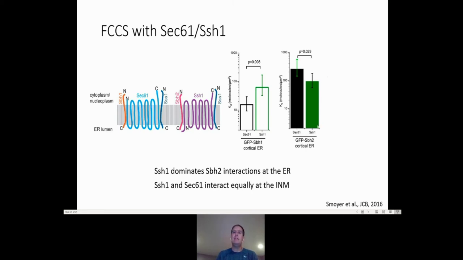Conversely, SSH1 has a low KD, or a high affinity, for SBH2, as expected. When we go to the internuclear membrane, both of these components have a very high affinity for SBH2, the only component that's at the internuclear membrane, indicating that it's quite possibly substituting in where the other component is not available at the internuclear membrane.